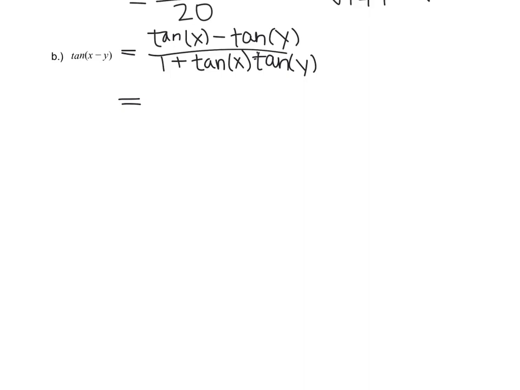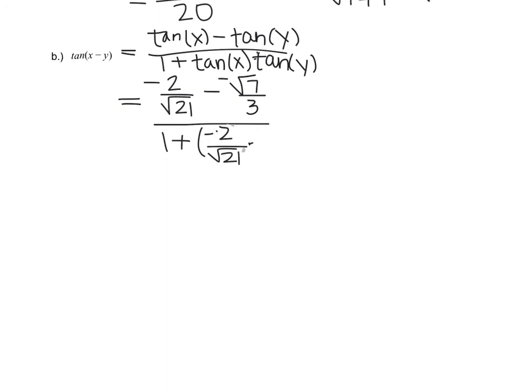So tangent of x is going to be opposite 2 over adjacent, which is negative radical 21. So it's -2 over radical 21 minus tangent of y, whose opposite side is radical 7, over the adjacent side -3, so it's negative radical 7 over 3, all over 1 plus tangent of x, so negative 2 over radical 21 times negative radical 7 over 3.